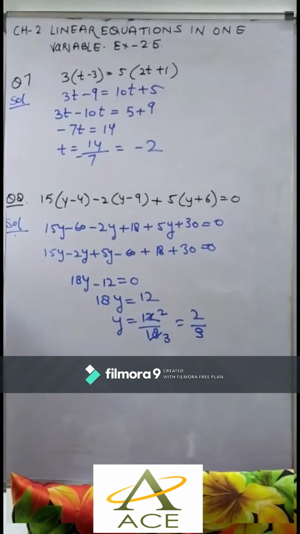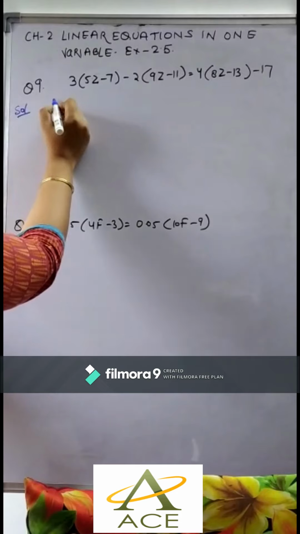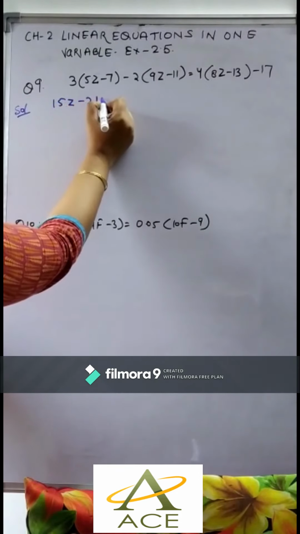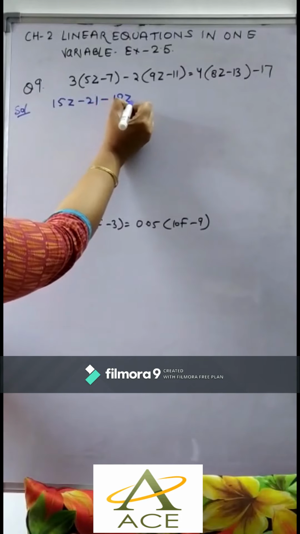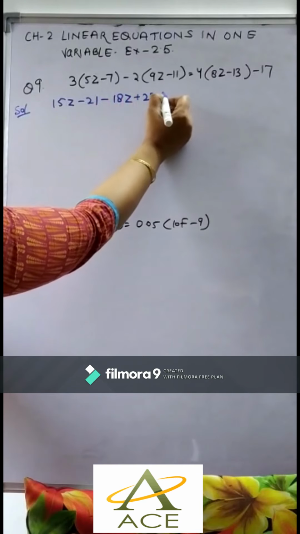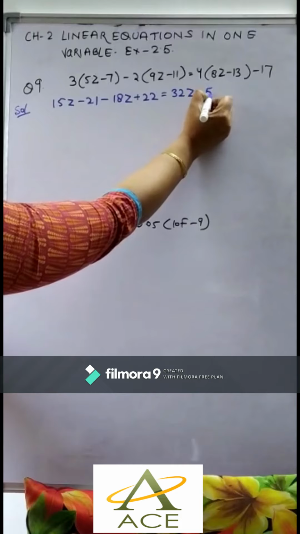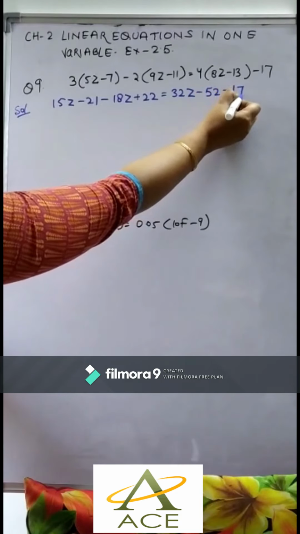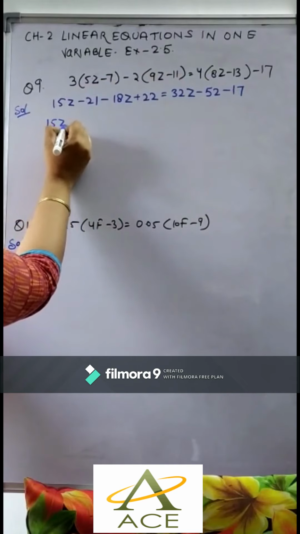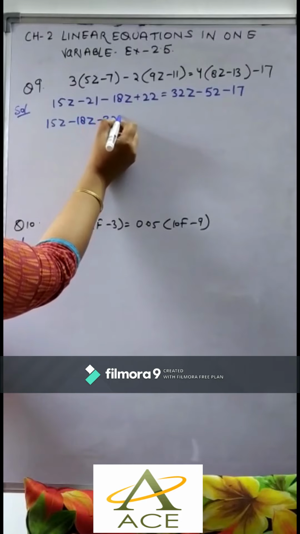Now we'll take question number 9. Now in this question also we'll expand the bracket first. 15z minus 21 minus 18z plus 22 equals 32z minus 52 minus 17. Now 15z minus 18z minus 32z.